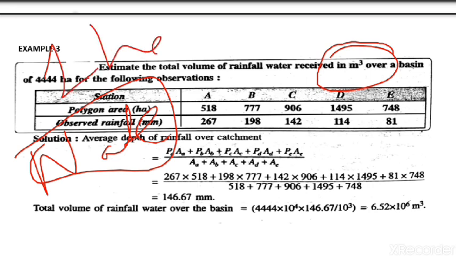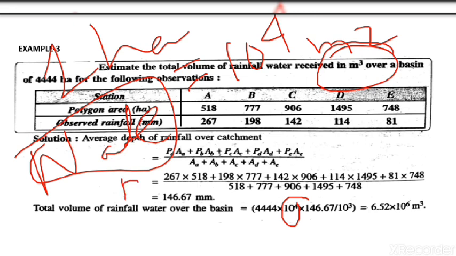So note that 1 ha, that means 1 hectare, equals 10 to the power 4 square meters. It is very important, note it down. 1 hectare equals 10 to the power 4 square meters. So it is 10 to the power 4 times the mean rainfall, that means 146.67 mm.